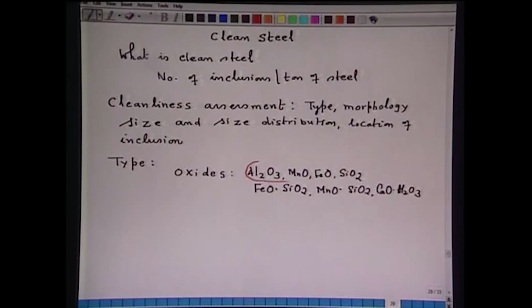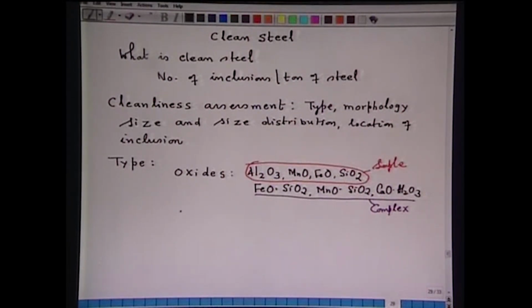These inclusions are termed simple type of inclusions, whereas these inclusions are termed complex inclusions because they contain more than two oxides.